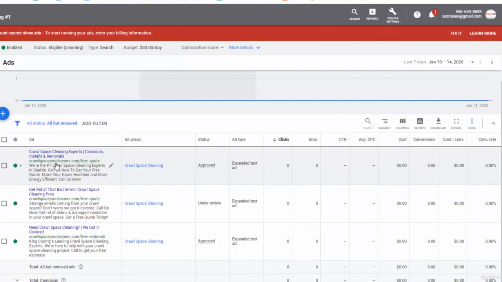But just one at a time, not changing everything completely, just one little area at a time. And then that will give you a bunch of different ads that are pretty much the same except for one variable. And then you can test even further to see which one of those is going to be the highest converting. So that's going to be it here for this one.